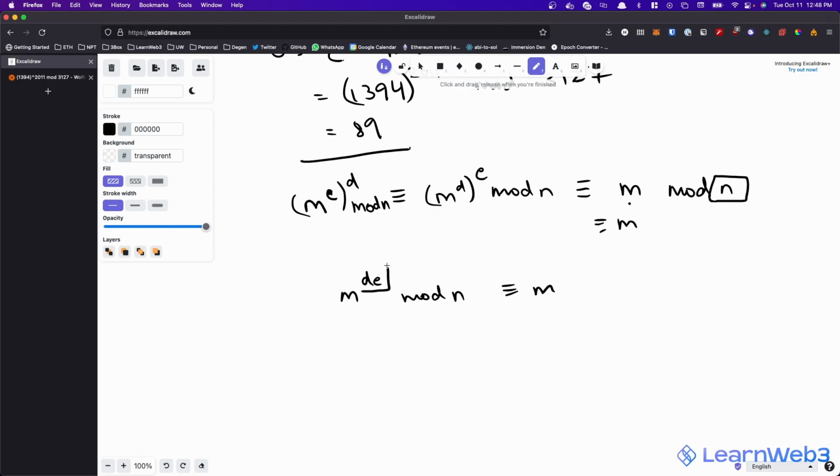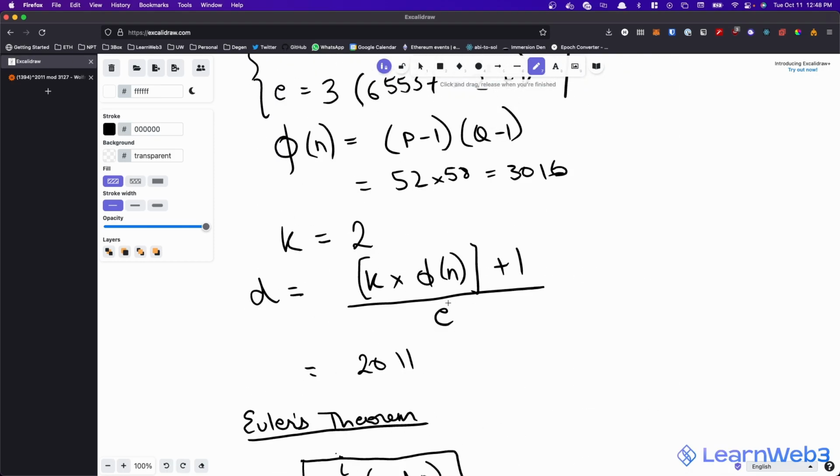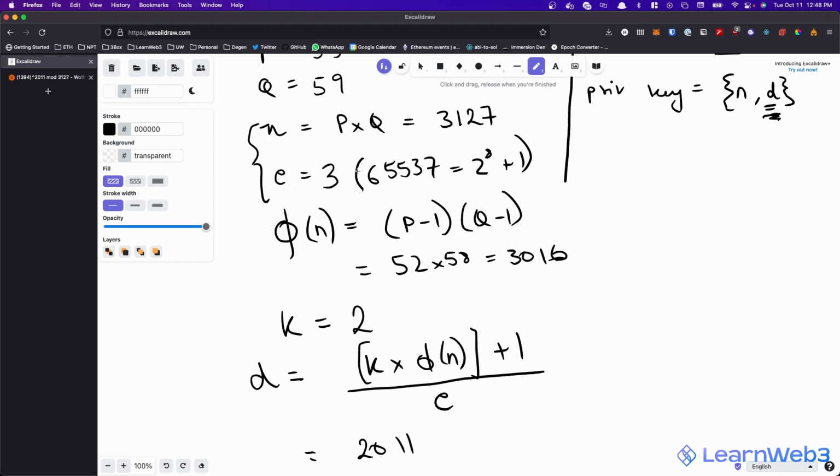And it all is in the magic of the product of E and D. This is where we go back to how we calculated D. We picked E to be a small number, in our case 3. Realistically, it's something like 2 to the power 8 plus 1. And then we calculated D using this formula.